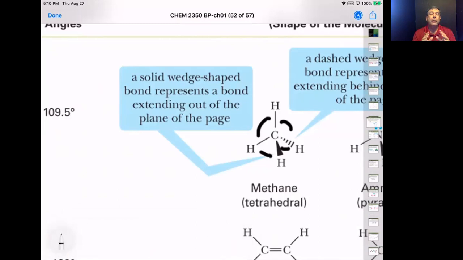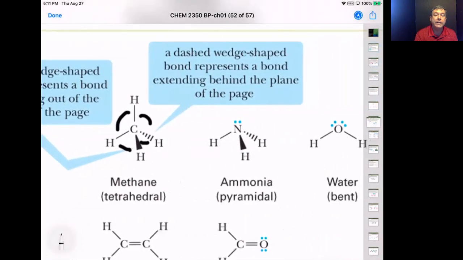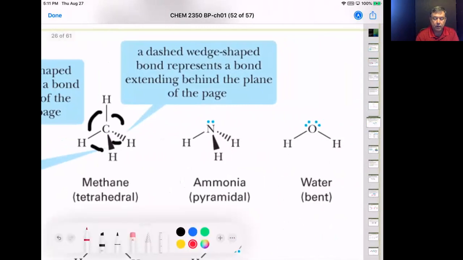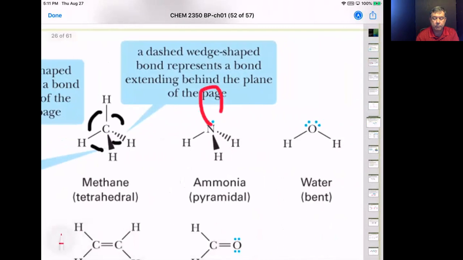Okay, what if we had those same 4 electron regions, but we didn't bond to each of those electron regions? We actually only bonded to 3 of those electron regions. We see that in something like ammonia. So we still have that 4th area of electrons here.